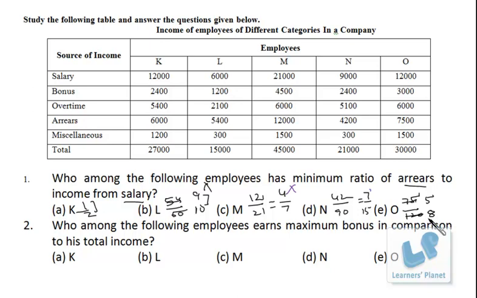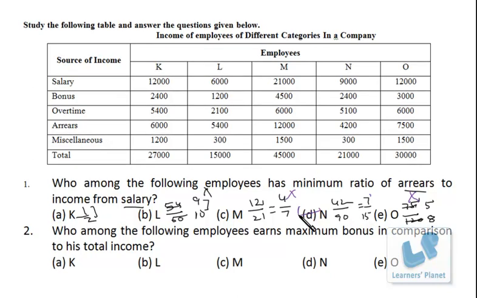Now it's 7 8s are 56 and 15 5s are 75. So further this is eliminated because it's greater, and this 7 by 15, if it would have been 7 by 14, then it would be equal to 1 by 2, but in this case the numerator is bigger than 14, so 7 by 15 is smaller than 1 by 2. So this is the minimum ratio, right?